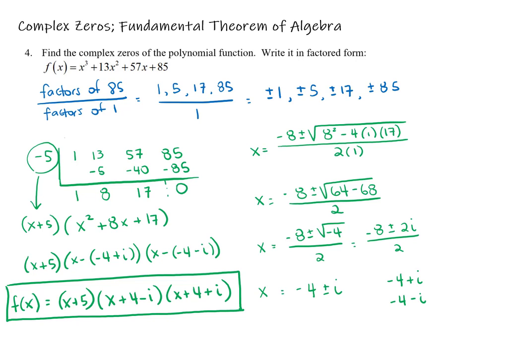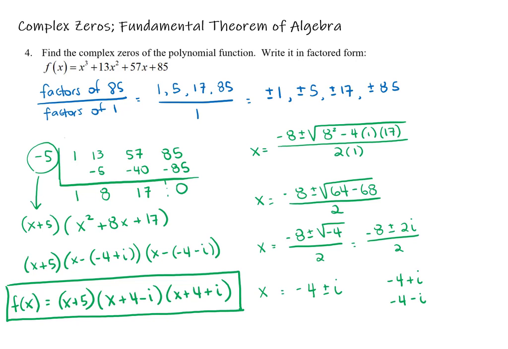Now this isn't easy work, so you have to practice it. I would suggest that you practice number 4 again, doing it all on your own without referencing this. Then try one of the questions on your homework, doing the same steps. The steps were seeing how many real zeros you might have, coming up with whatever real zeros you can come up with. In this case, we found -5 as a real zero.